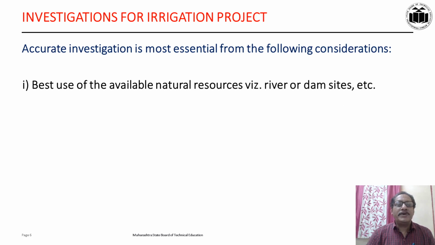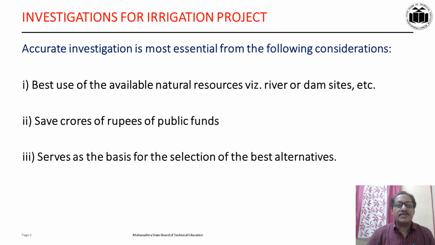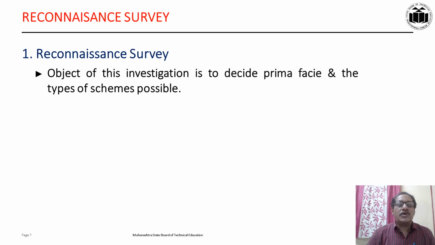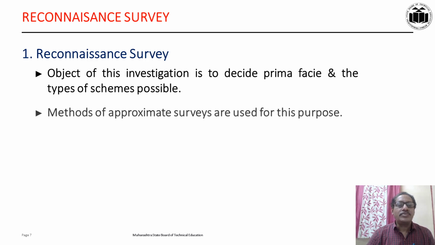First, best use of the available natural resources, that is, river or dam site, etc. Second, it saves crores of rupees of public funds, serves as the basis for the selection of best alternatives, and provides guidelines for further work. The first type of survey is the reconnaissance survey. The object of this investigation is to decide prima facie the types of schemes possible.